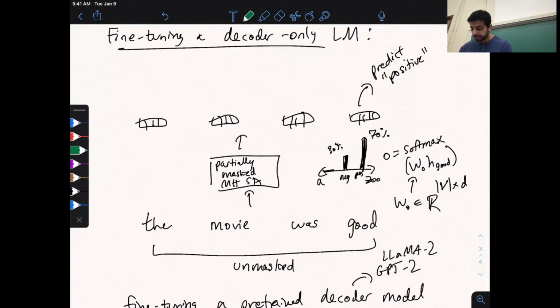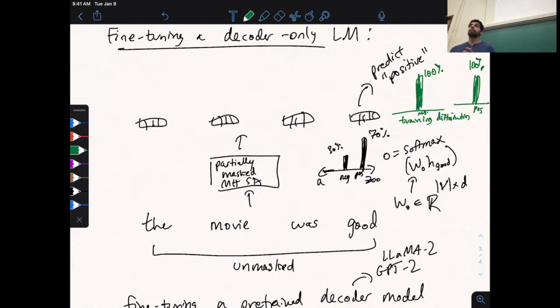Let's think about what the training distribution looks like. Remember, when we're computing the cross-entropy loss, we have a ground truth target distribution that we're trying to match. So in our training distribution, we will either have 100% on negative and 0 everywhere else, or we'll have 100% on positive and 0 everywhere else.